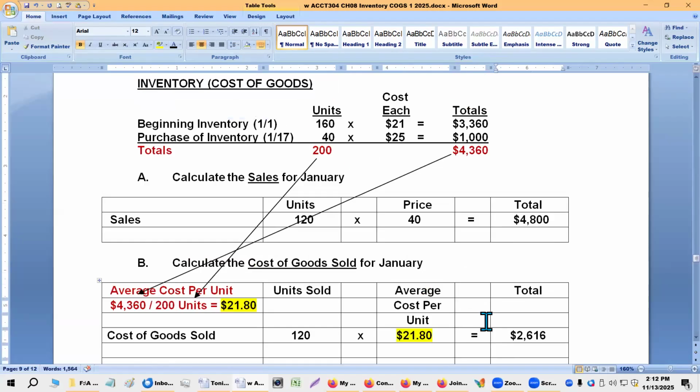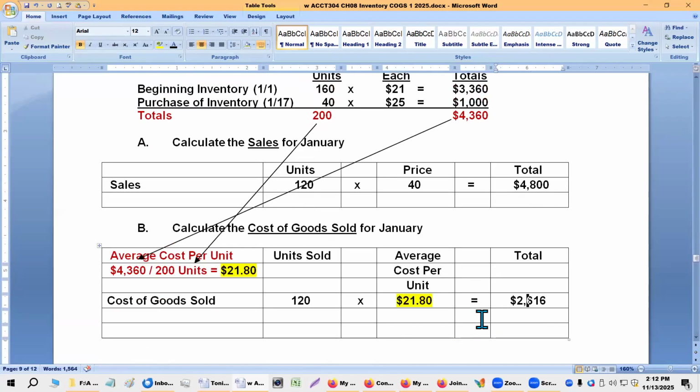It's just one number. I'm gonna stop it. Any questions on this? So you just take the total cost and the total units and divide the total cost into the total units.